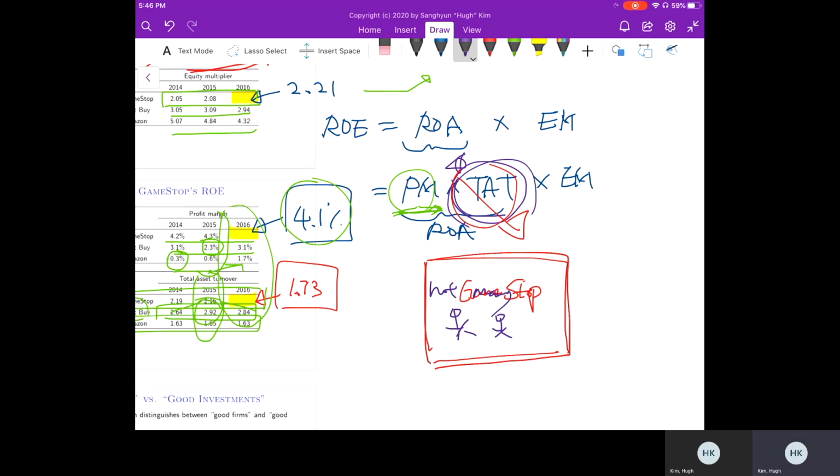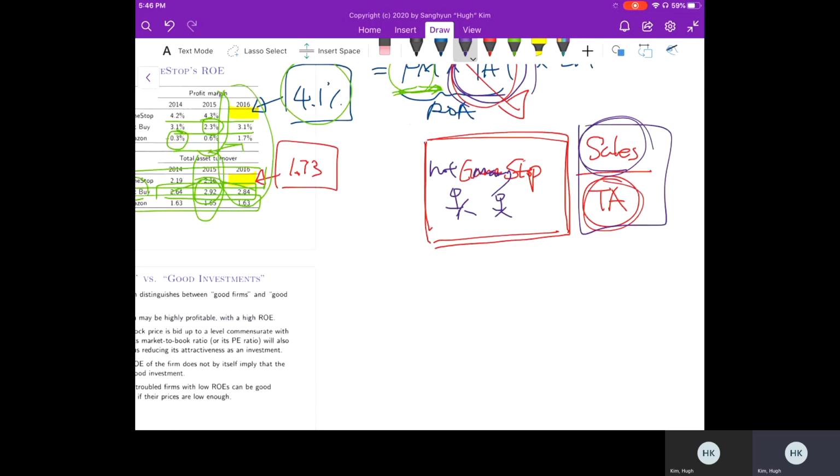Total asset turnover is sales over total assets. Lots of store space, but not a whole lot of customers means small sales. So that seems to be the problem GameStop was having, which shows up in the financial statements.